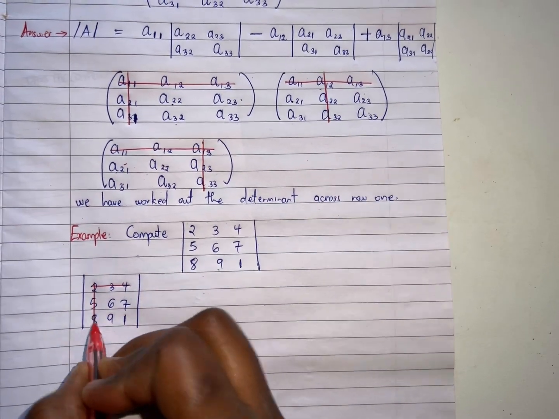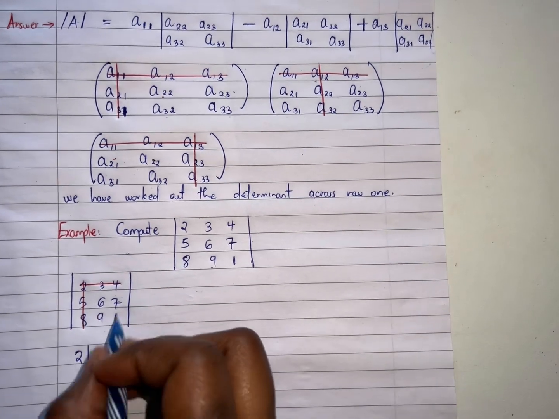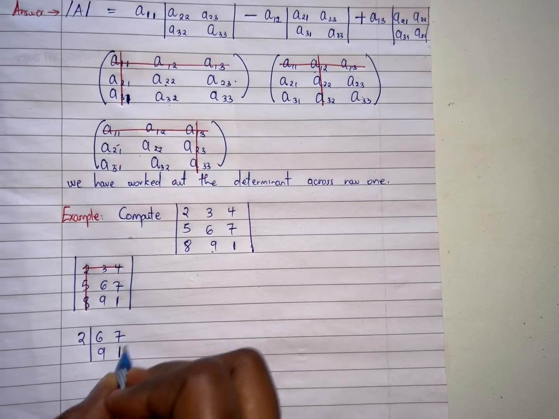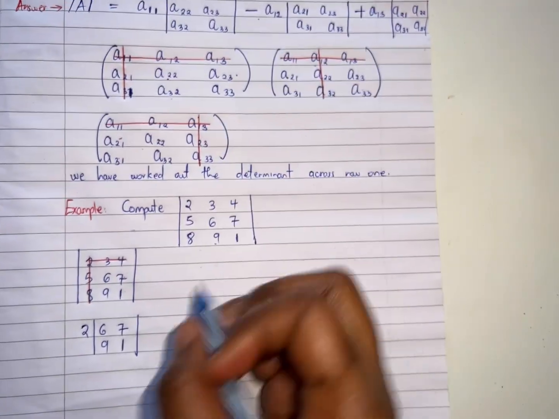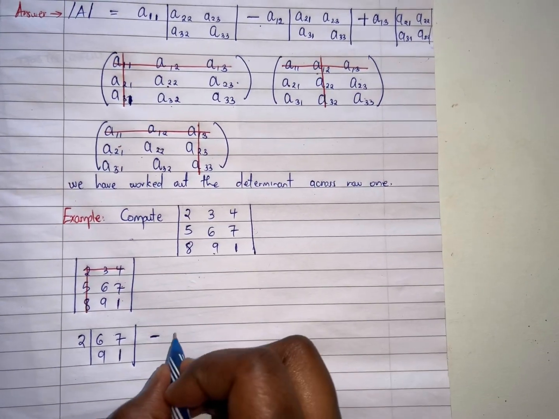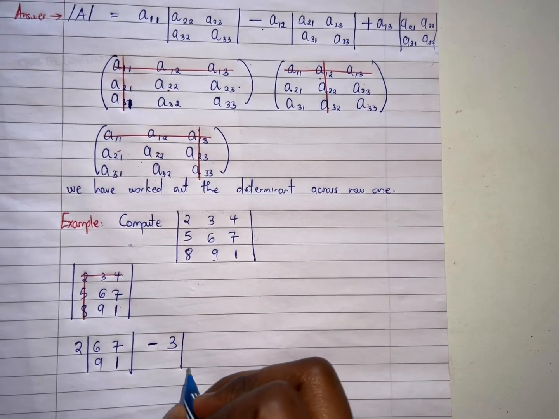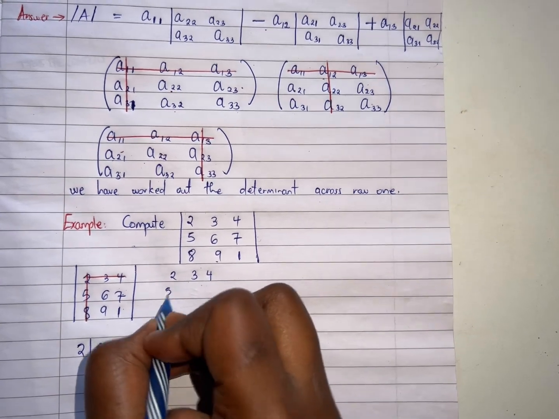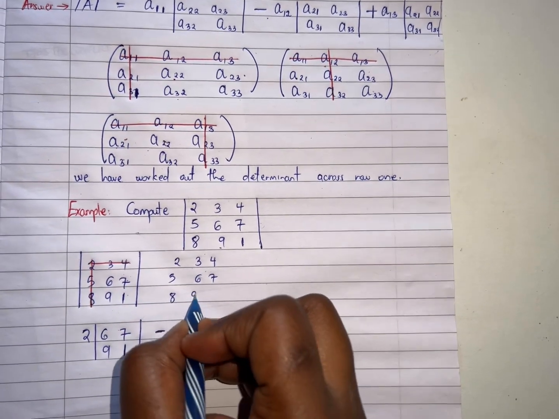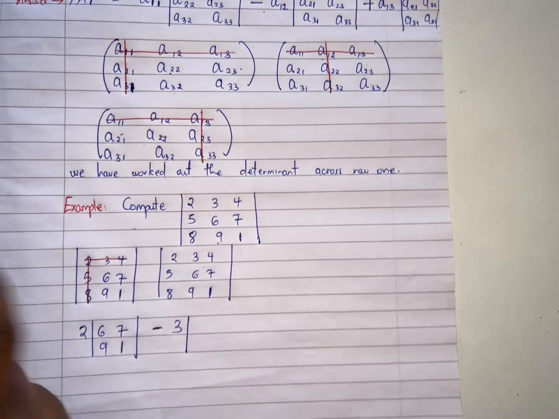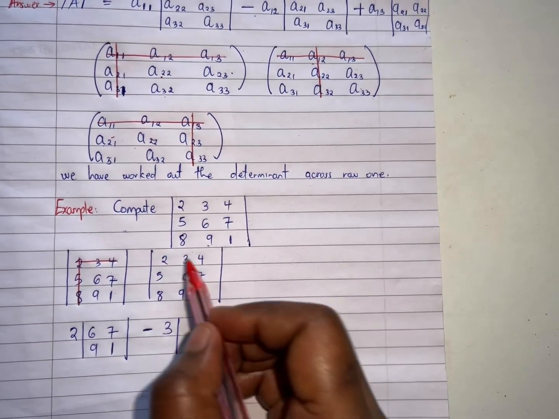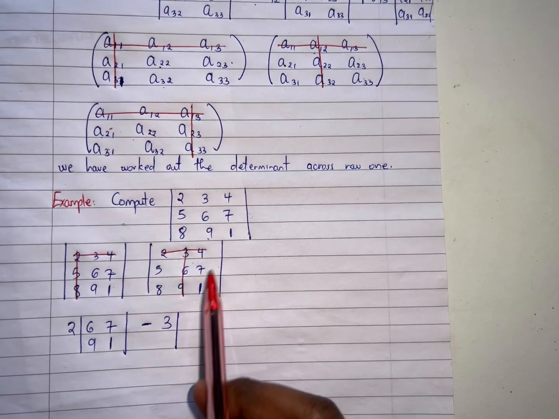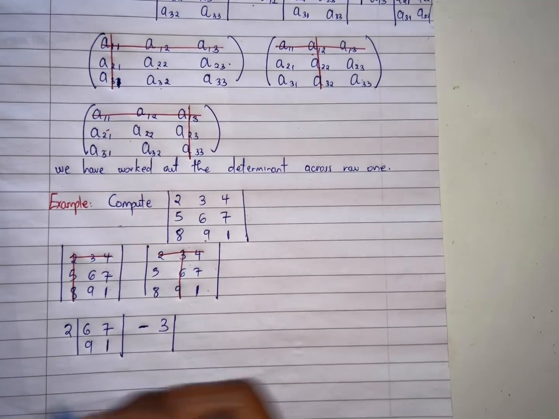So 2, we cancel that row and column. We're having 6, 7, 9, 1, minus 3, the second one. That's the formula, so I'm going to rewrite again. You cancel the row and the column where 3 is, and we'll be having 5, 7, 8, and 1.